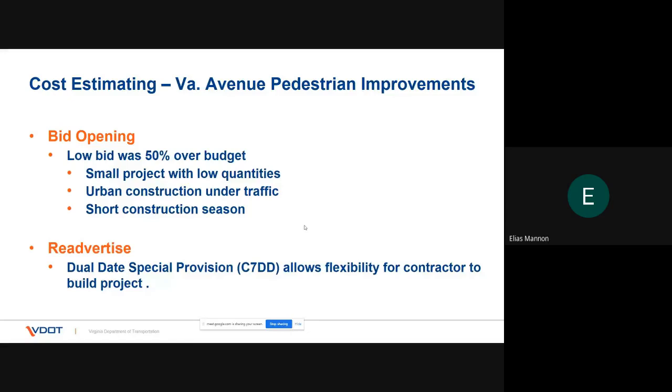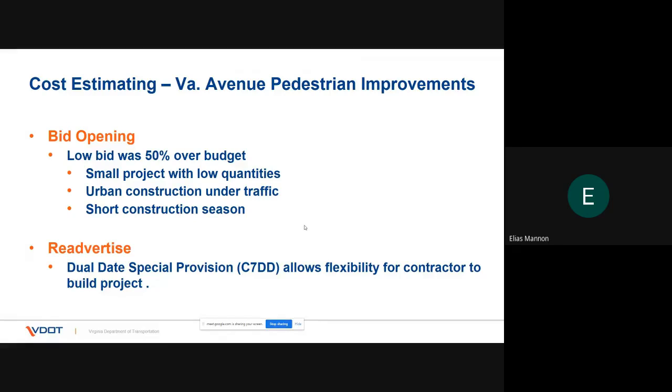This project was advertised back in May, and 2 bidders bid on the project. The low bid was about 50% over the construction budget, and we identified 3 main reasons that the bid exceeded the budget. One, it's a small project with low quantities.